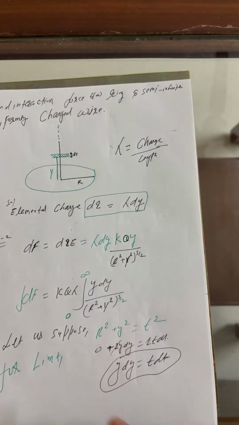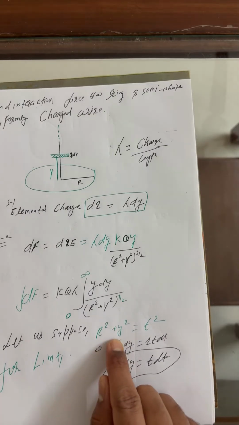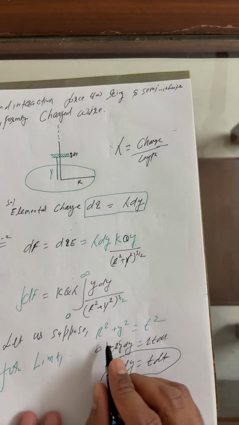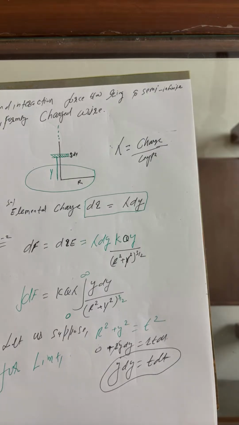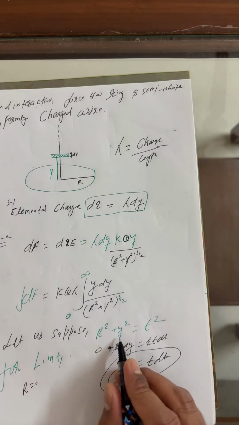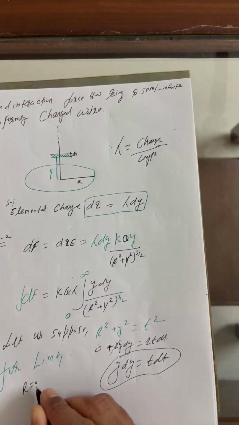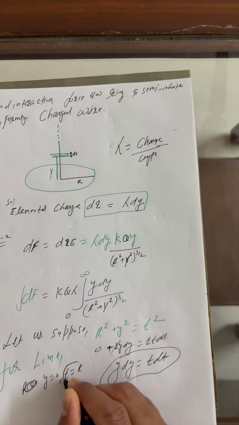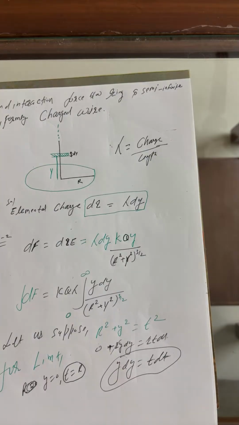Now what we are considering is the assumption r square plus y square is equals to t square. For this condition, for the limit, initially there is no value of y, so y is equals to 0, and then simply t is equals to r. If y is equals to 0, then t is equals to r.